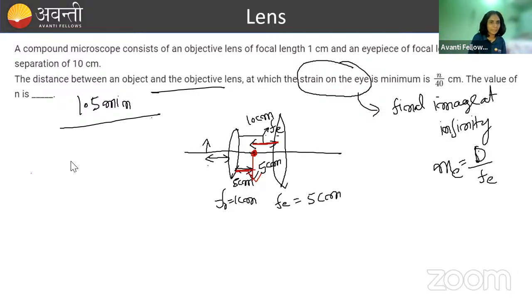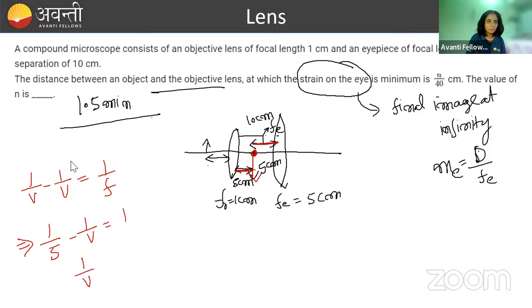So the image distance for the objective is 5 centimeter. Now calculate 1 by V minus 1 by U equal to 1 by F. What is 1 by V? That is given in the question with sign convention. It will become 1 by 5 minus 1 by U, and 1 by F is 1. So 1 by U will be equal to 1 by 5 minus 1 by 1, that is equal to minus 4 by 5.